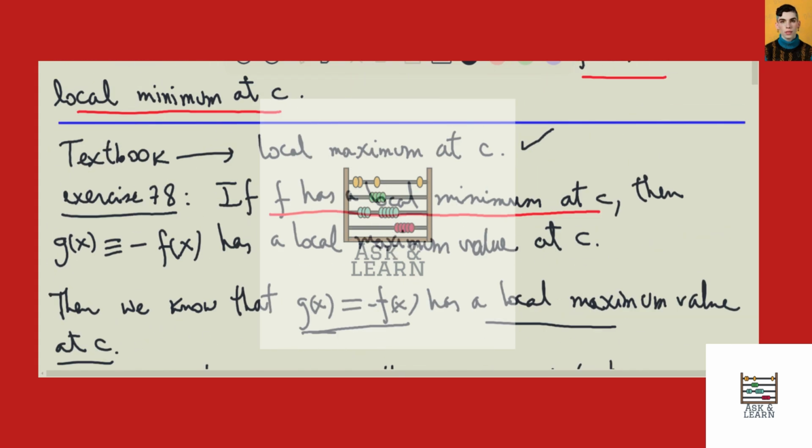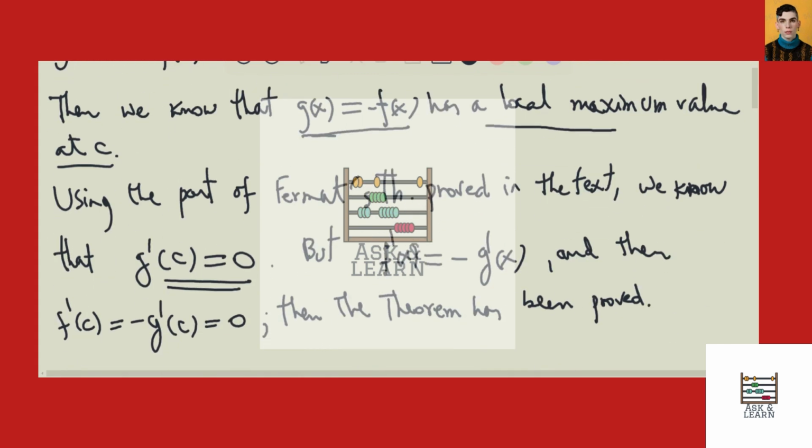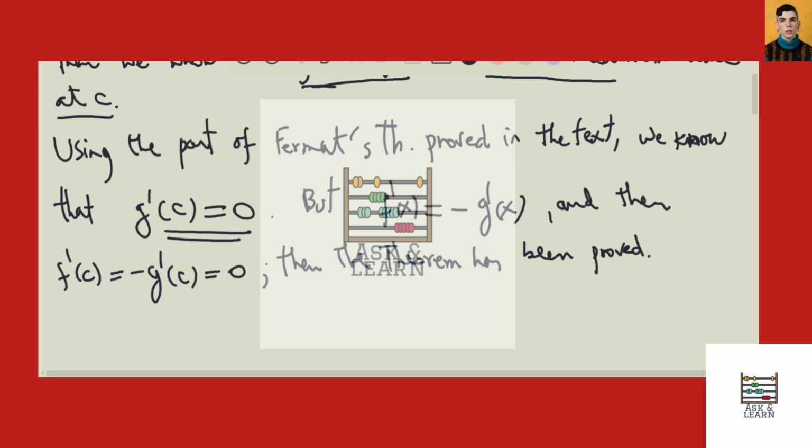Using then the part of the theorem that was proved in the textbook, we conclude that the derivative of the given function at c is 0, and then this is the proof of the theorem in the case of a local minimum at a point c.